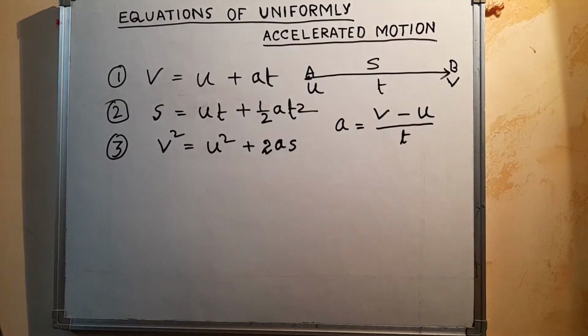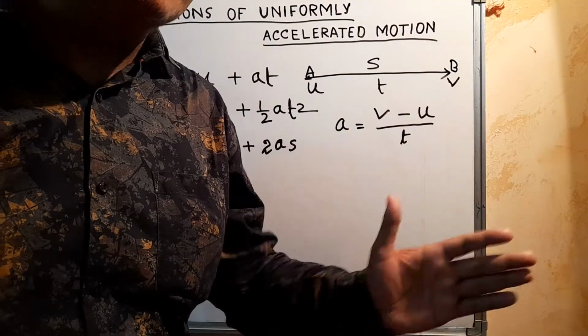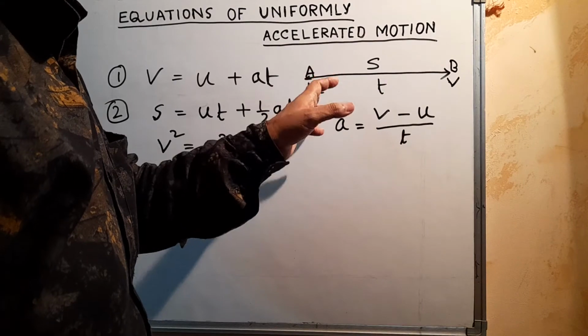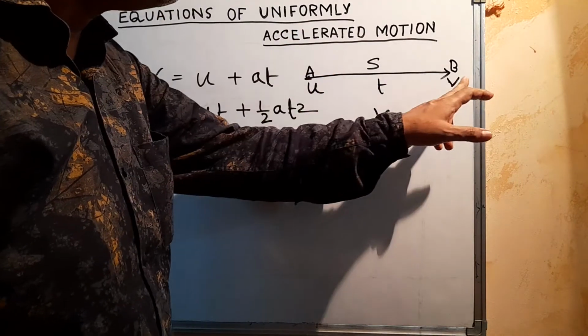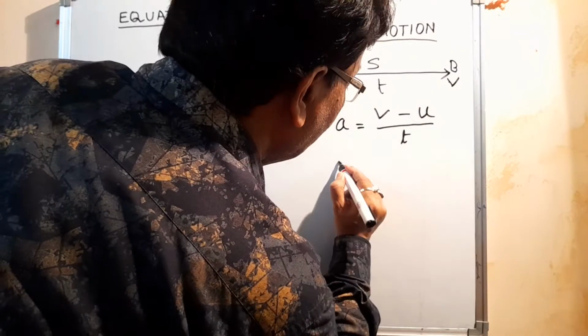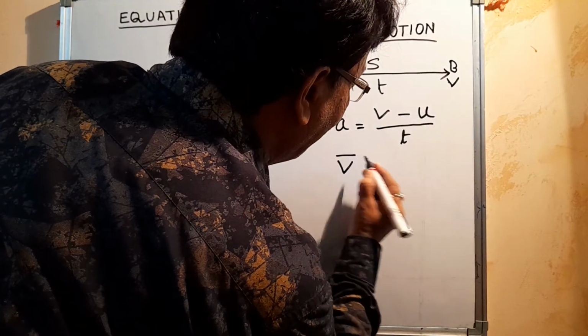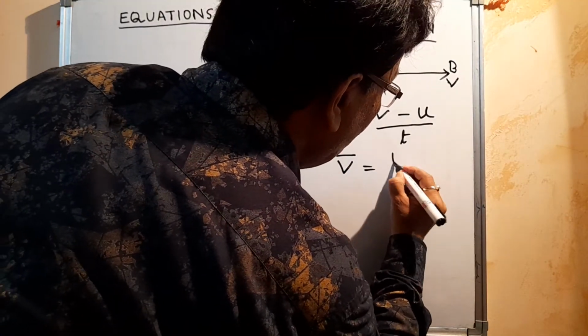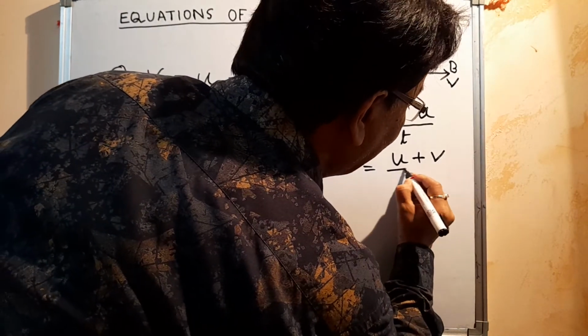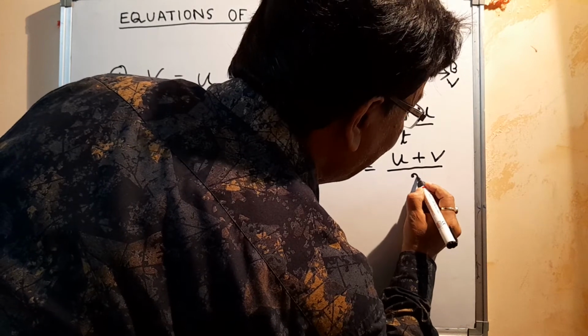Similarly, the average velocity of the body: the first velocity is u and the last velocity is v, so the average velocity, represented by v bar, will be equal to u plus v divided by 2.